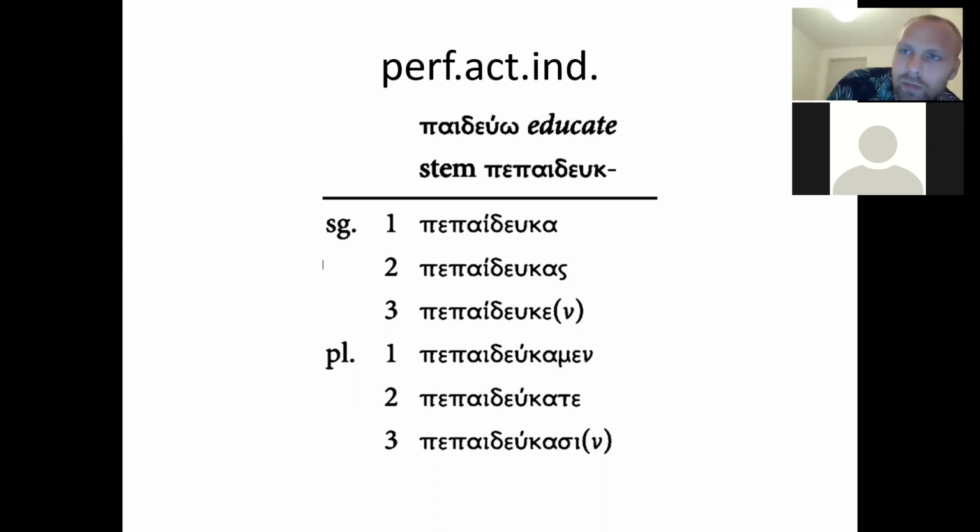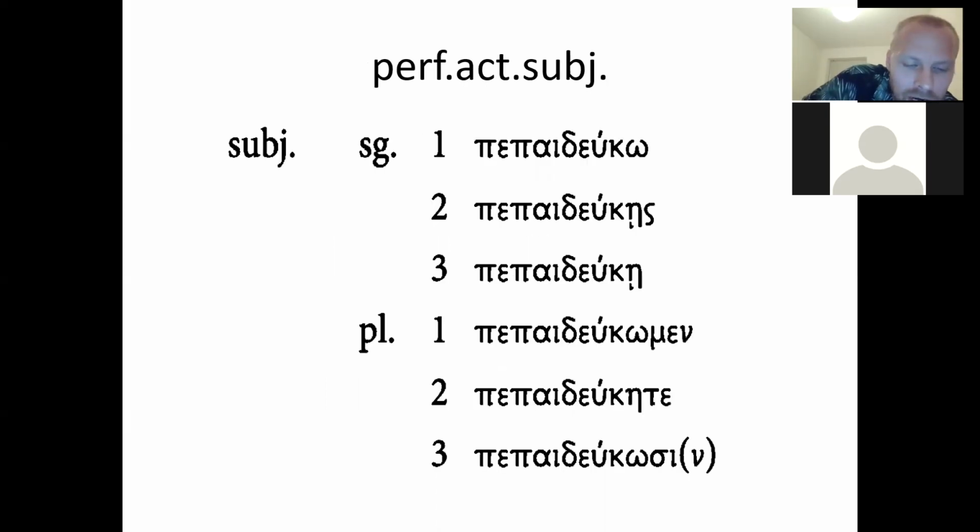Okay, turning to the subjunctive, then we have here pepaideuko in the first person singular, pepaideukes in the second person singular, pepaideuke in the third person singular, pepaideukomen in the first person plural, pepaideukete in the second person plural, and pepaideukosi in the third person plural.